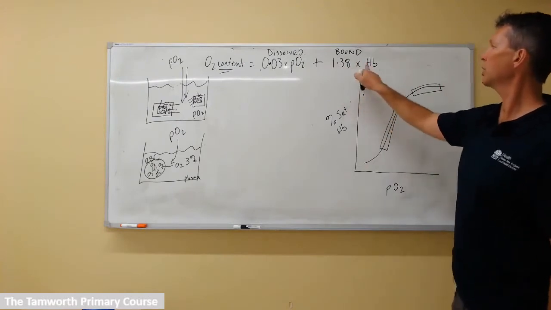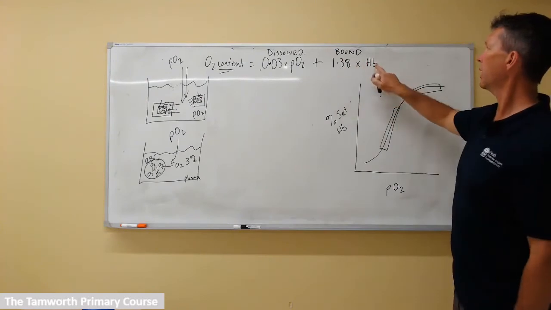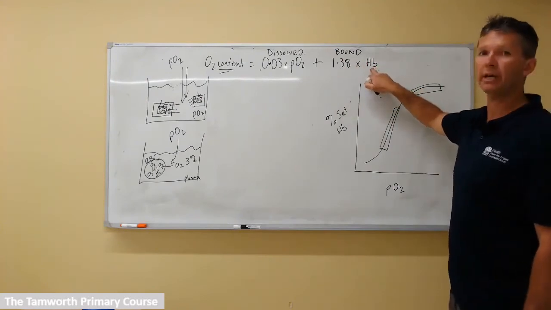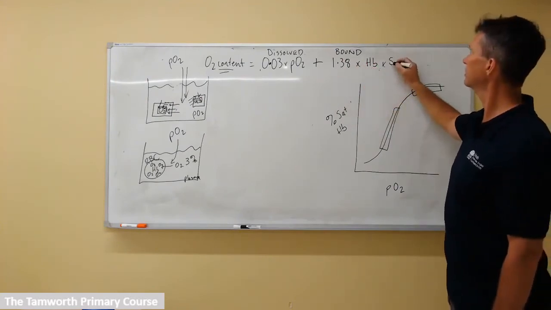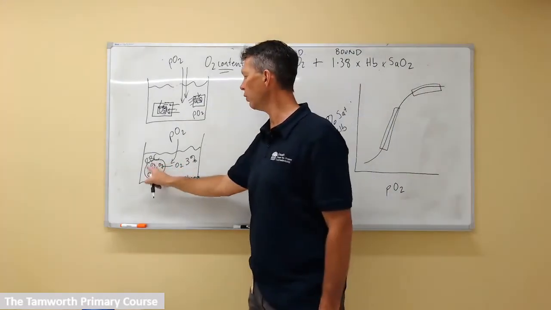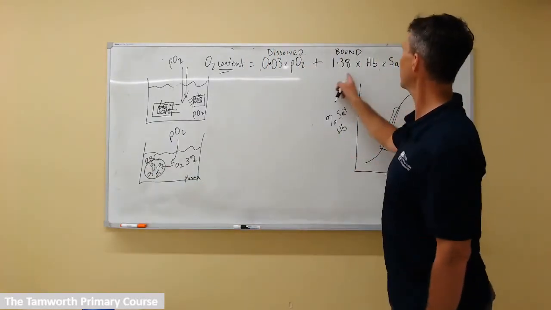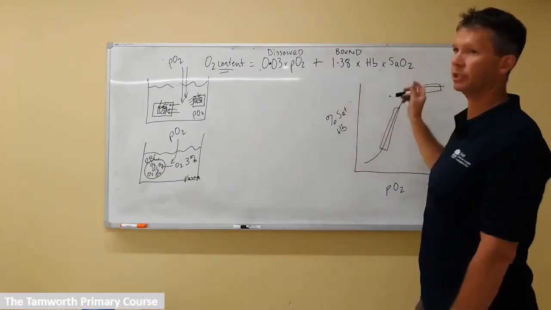But each gram of haemoglobin holds 1.3 mils of oxygen. And we know how saturated that haemoglobin is, i.e. how many of these 4 binding sites are occupied. We can then work out the content of bound oxygen in the blood.